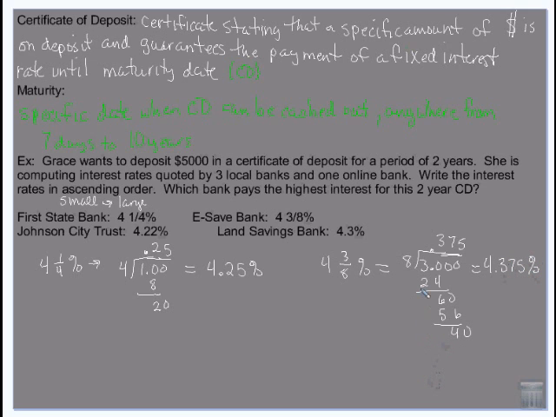Okay, so in ascending order, 4.22 is the smallest, followed by 4.25, followed by 4.3, followed by 4.375. E-save pays the most.